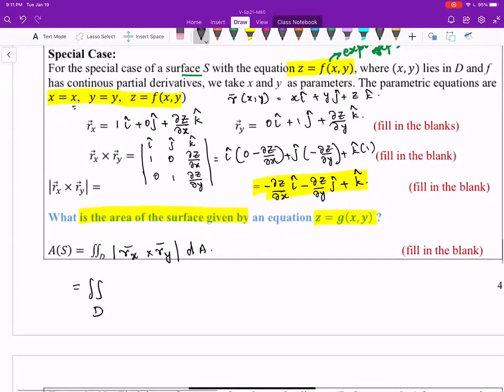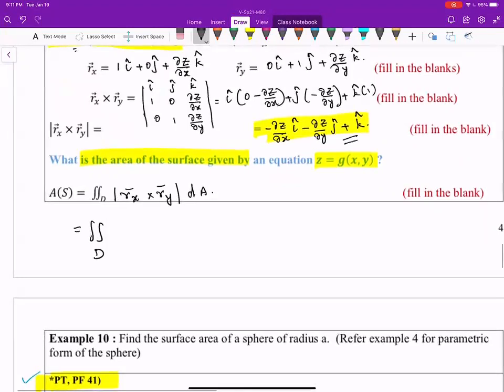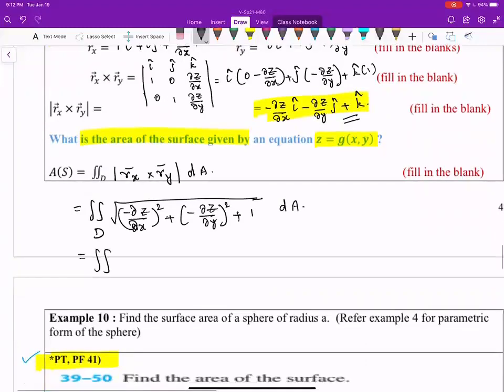So it is double integral over D of Rx cross Ry. You're finding the length of this particular vector. So it becomes square root of negative dou z by dou x the whole square plus negative dou z by dou y the whole square plus 1 square, dA. In other words, double integral over D of the square root of dou z by dou x the whole square plus dou z by dou y the whole square plus 1.